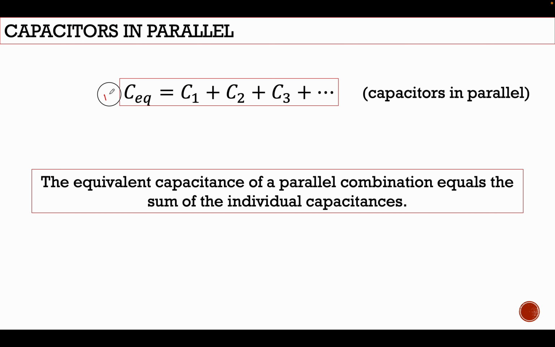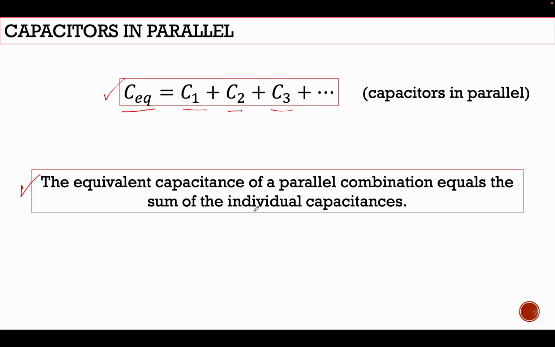So again, this is the equation to solve for the equivalent or total capacitance for the capacitors in parallel connection. The equivalent capacitance, C equivalent, of a parallel combination is equal to the sum of the individual capacitances. So again, we have the dots here, depending on how many capacitors are in parallel.